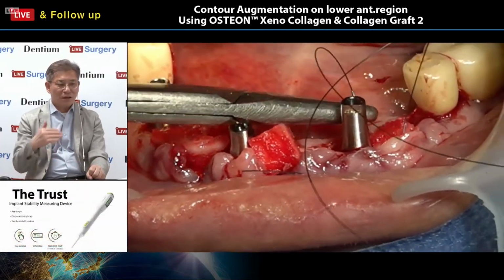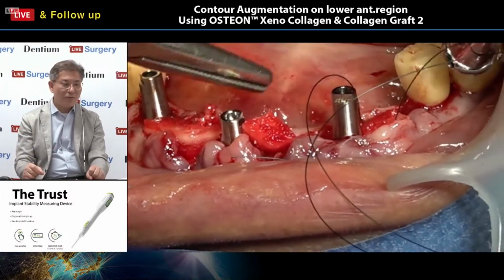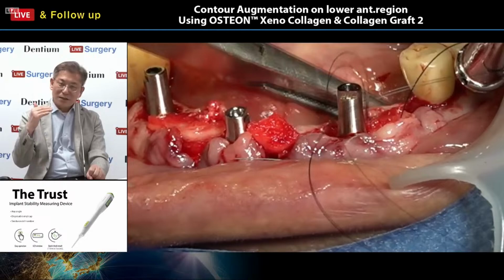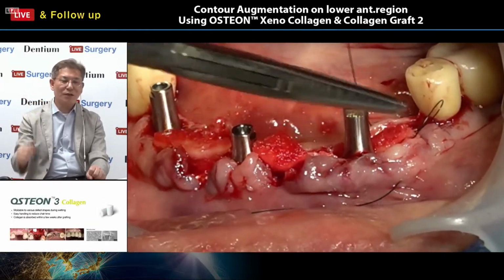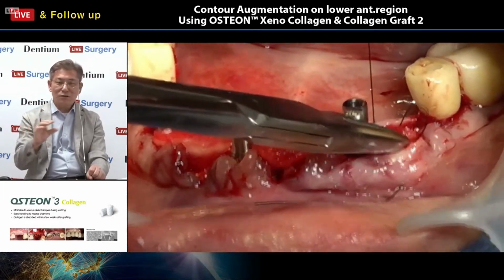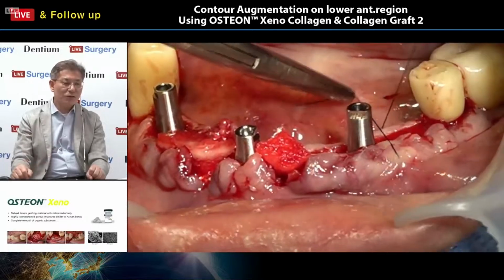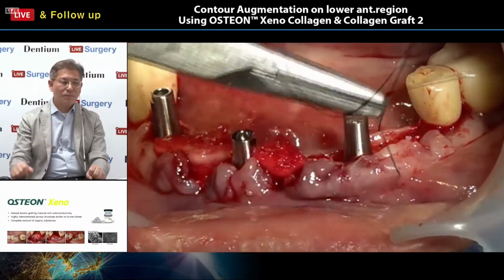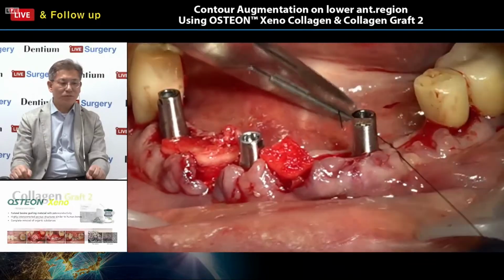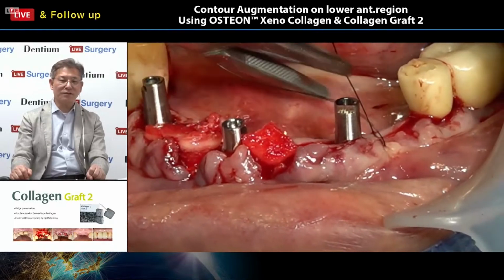The dense, compact layer should face the top, outer portion, and the loose, porous layer should face downward. That is the optimal, proper usage of this collagen graft.